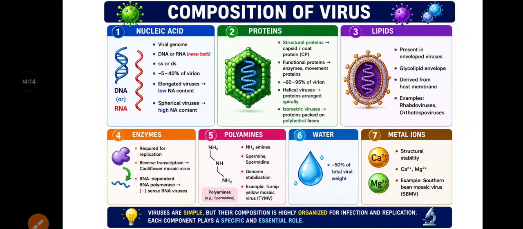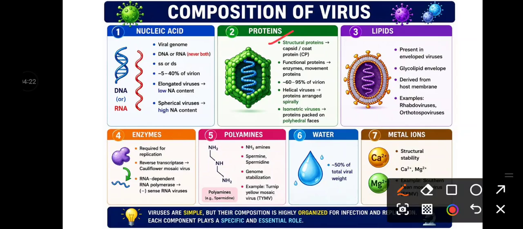Next, the second major component of plant virus is the protein. Protein may be structural protein or functional protein. Structural protein means that which is just helpful for the structural build-up, that is the coat protein.